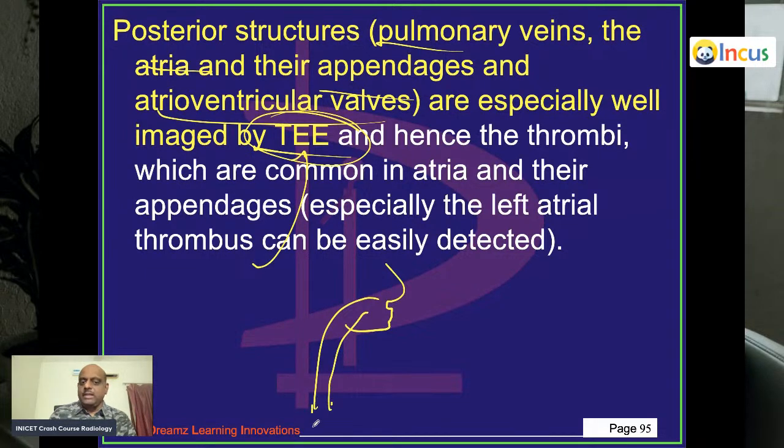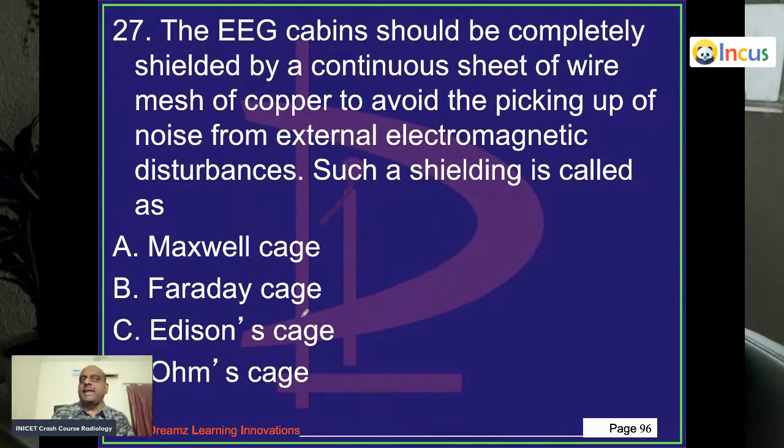Typically the esophagus is a posterior mediastinal structure and you have the heart. So the posterior structures of the heart are better visualized with the camera in the esophagus, which is visualizing posteriorly.